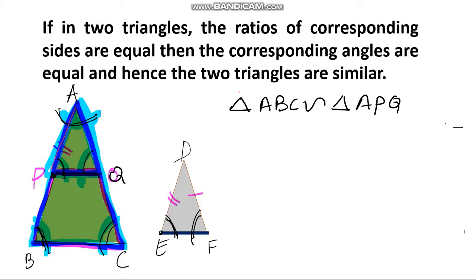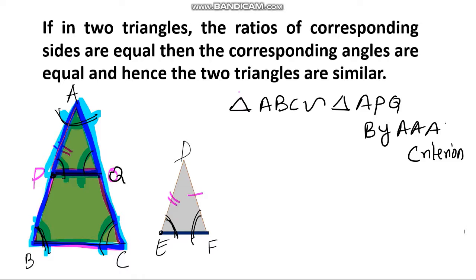Just now by AA criteria, or AAA also you can write. I have already told you. Here we have all three angles equal by AAA criteria.